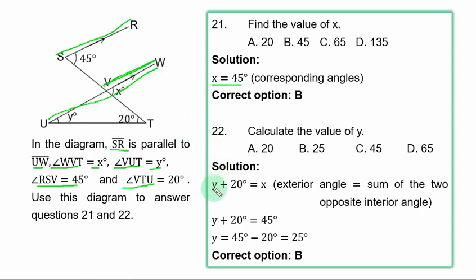So you have it in this form, and S is 45 degrees. So you have Y plus 20 degrees equal to 45 degrees. If you collect like terms and subtract, you have Y equal to 25 degrees. B is the correct option.